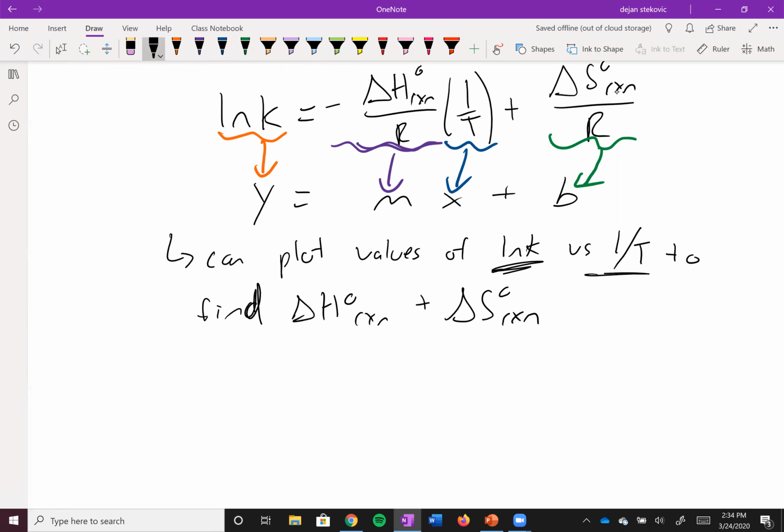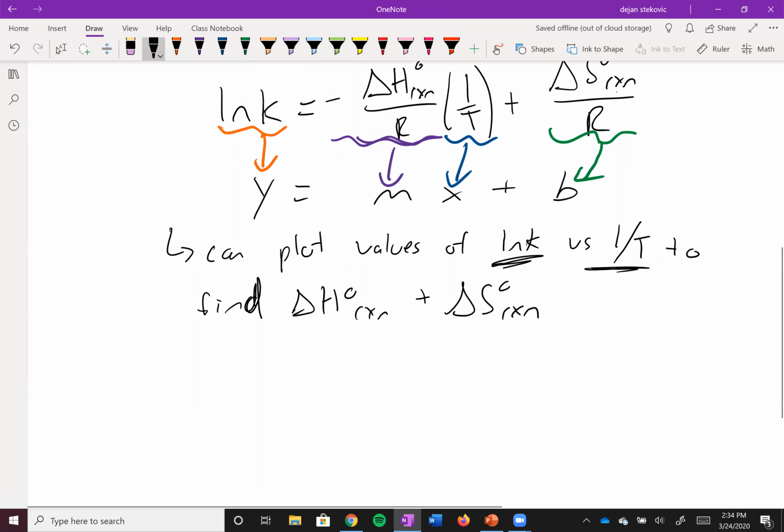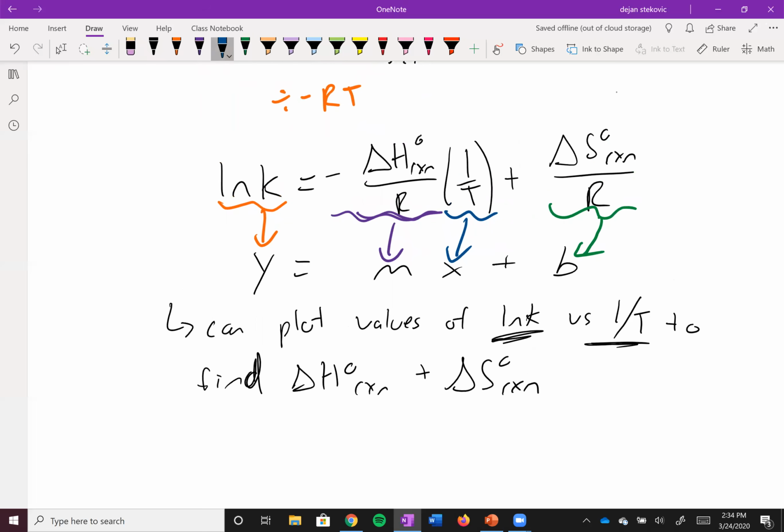And so if you think about it, the slope right here is m. And what the slope is really equal to or proportionate to is this delta H of the reaction, right? The negative delta H of the reaction over R as well, but R is just a constant here.